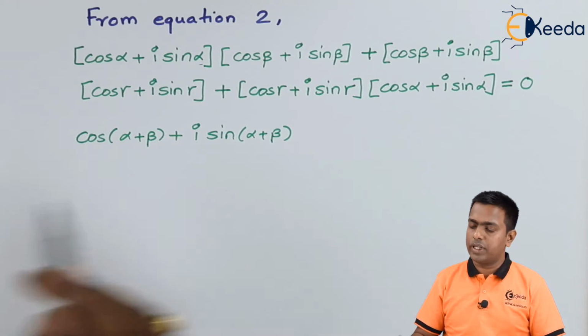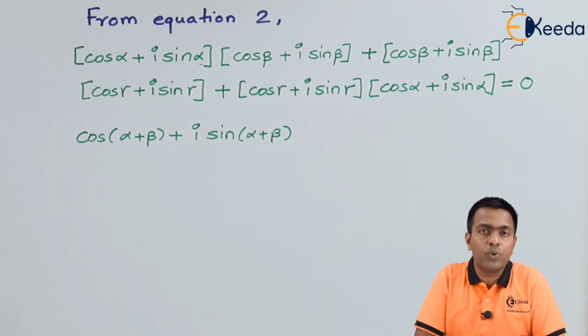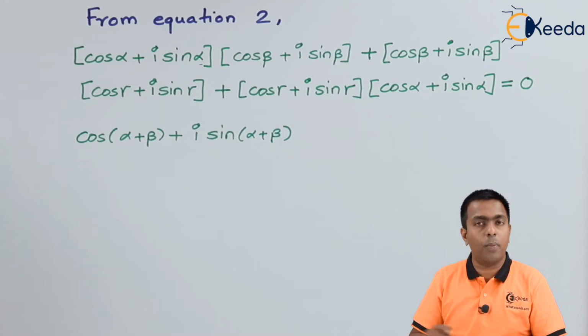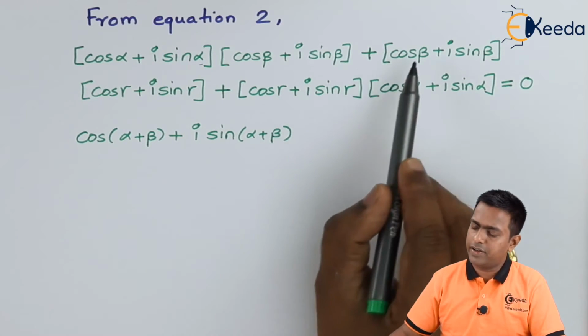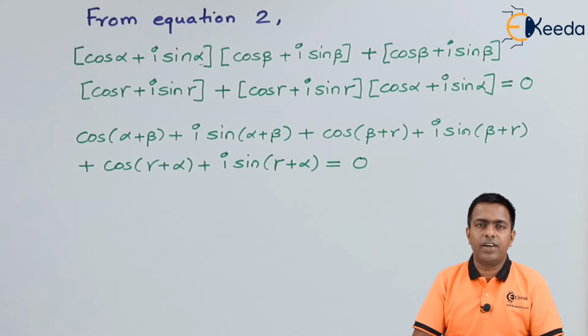So guys, if you don't know this identity or this result, then you have to go back to the basic videos of complex number, where I have covered how do we get this result by multiplying 2 complex numbers in polar form. So similar result we'll get here for the second term and the third term. Now guys, here in this result we got real terms and the imaginary terms. So we'll add the real terms with real terms and the imaginary terms with the imaginary terms.